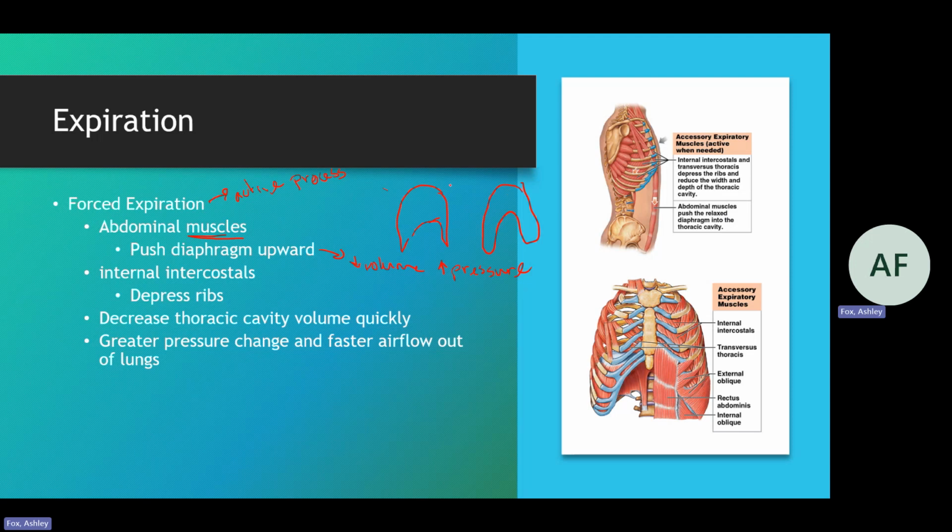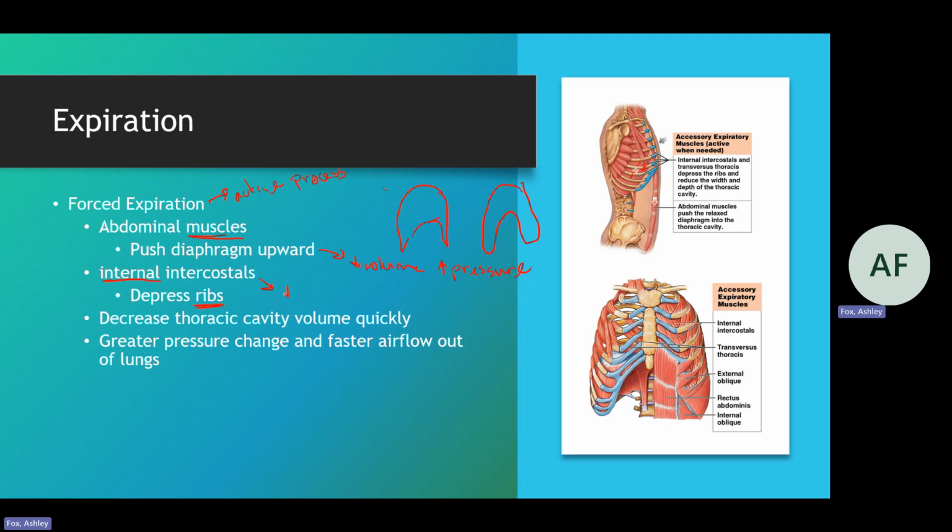So more air is going to move out because, remember, the bigger the difference, the more molecules are going to move. You also have your internal intercostals, still between the rib cage but with a different fiber arrangement, deep to your external intercostals. They depress the ribs. So again, what are you going to do? If you're depressing the ribs, they go down and further in.